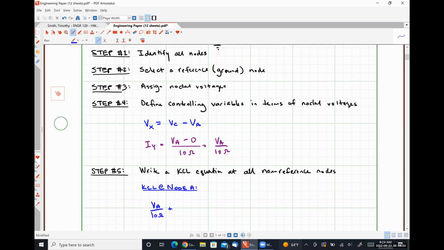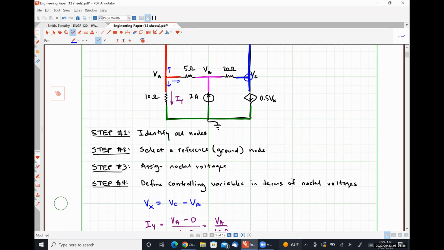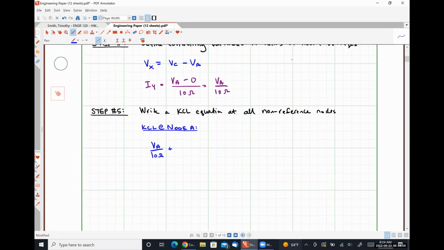And then we will have our next term, which is the current directed to the right. So based on what we did when we defined IY, who can tell me what they think the current directed to the right through the 5 ohm resistor should be? Exactly correct. VA minus VB over 5 ohms. This is nothing more than Ohm's law.